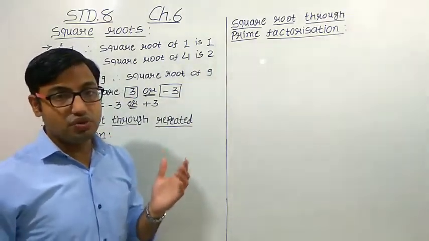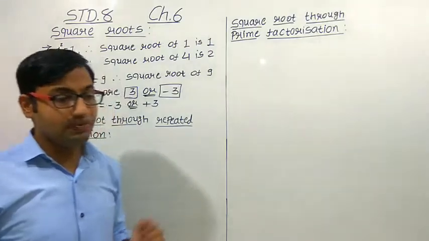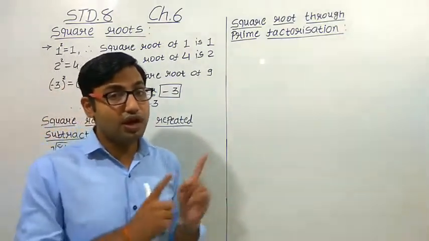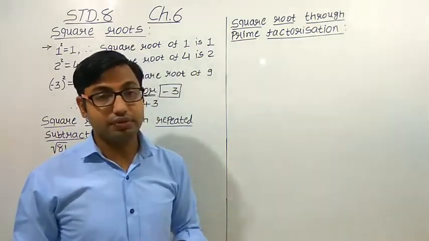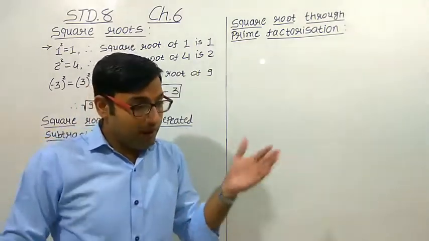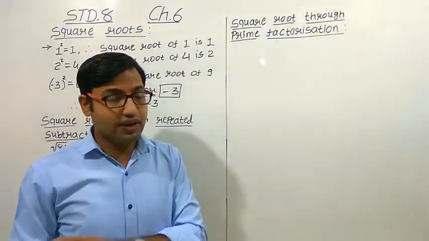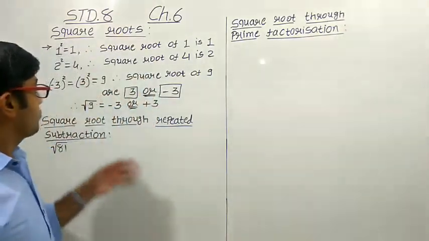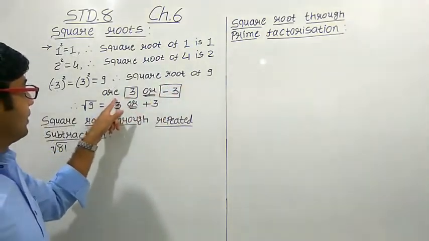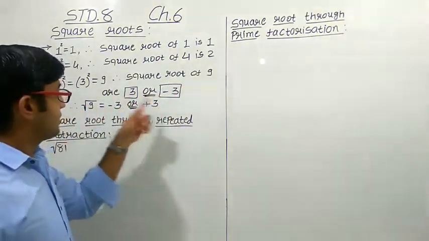Suppose we have the perfect square number 25. Then when we find the square root of 25, it will be minus 5 or plus 5, because minus 5 square is also 25, and 5 square is also 25. So whenever we apply the square root, we have to write down both values, plus and minus.